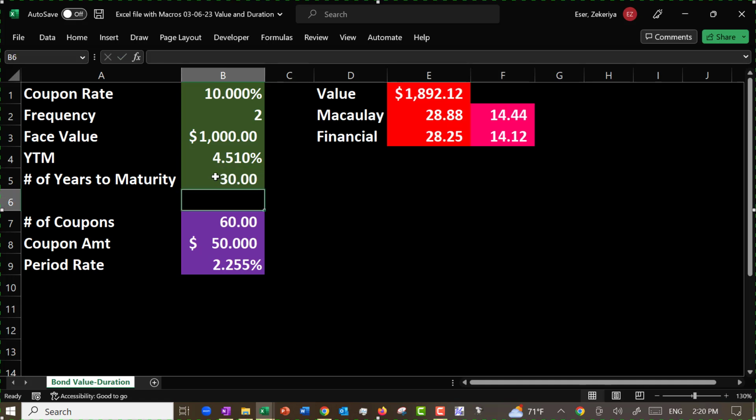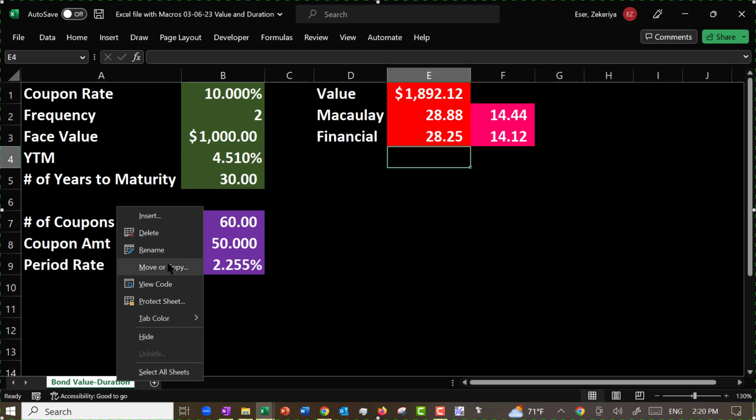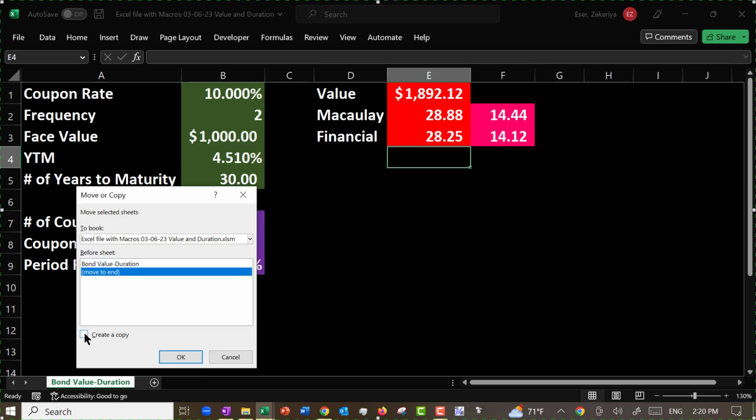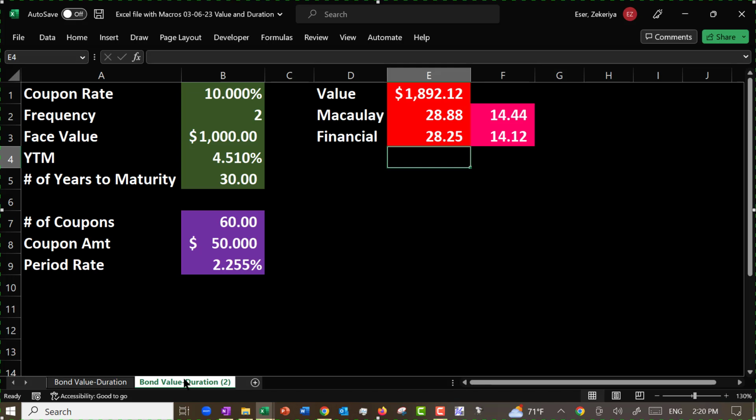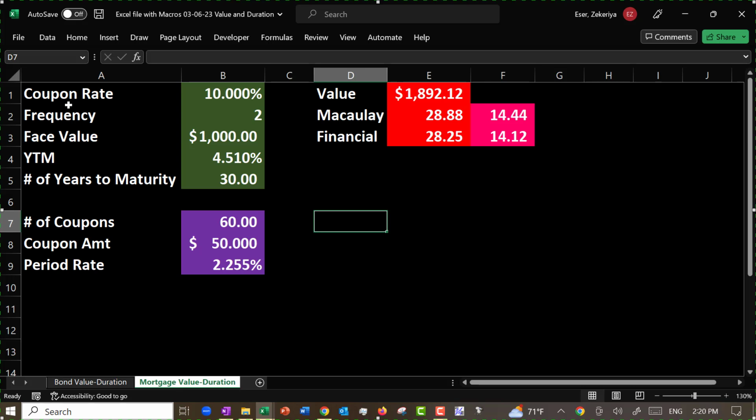Now, let me move this and copy into a new sheet. Let's call this the only difference is, let me see, I'm not going to worry about these coupon rates.